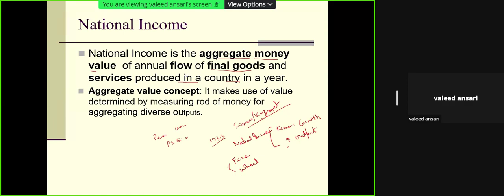Once you apply the yardstick of money, then whatever the unit of measurement, we can have an aggregate money value. This concept is a flow concept. It is measured over a certain period.